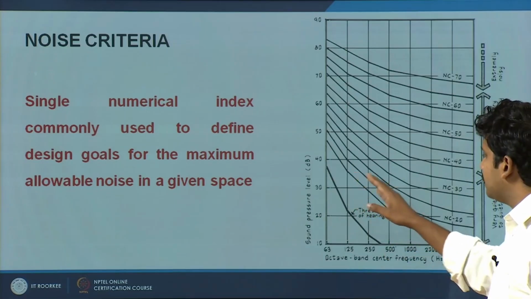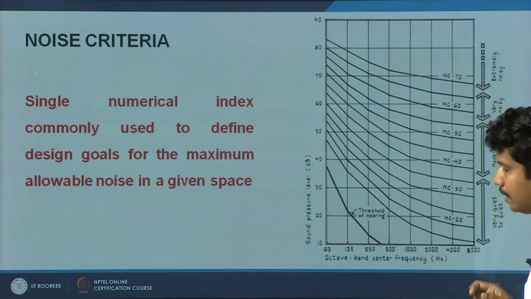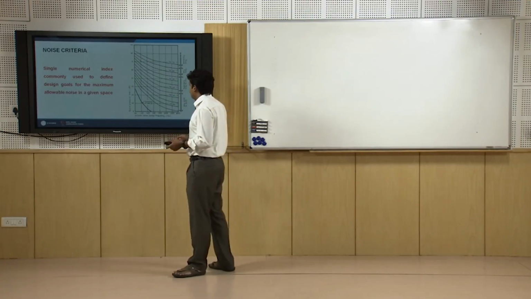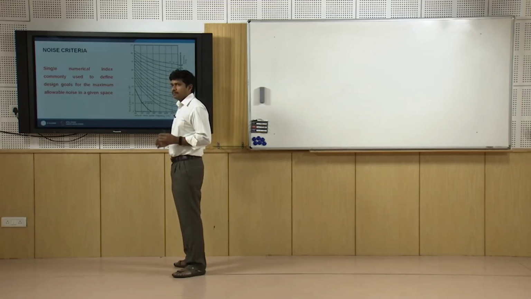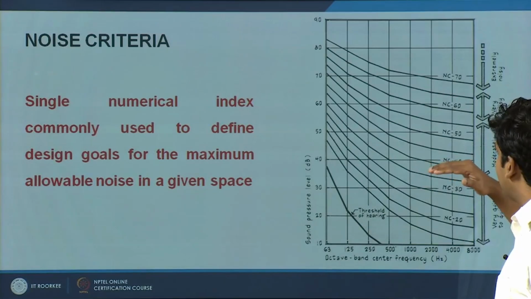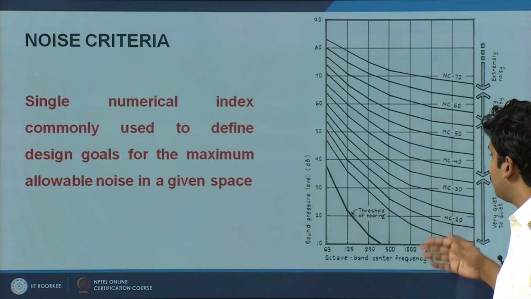In the lower frequency, more sound pressure levels are allowed. Say for example, a standard defines that you have to meet NC 40 in a given space, take it as an open plan office space. What does it mean, how does it translate?